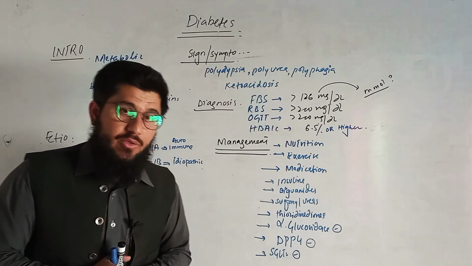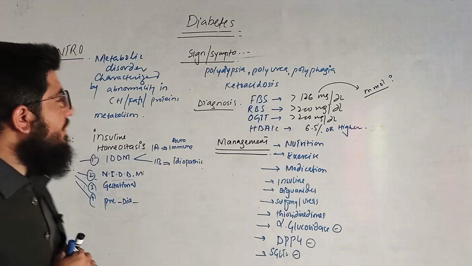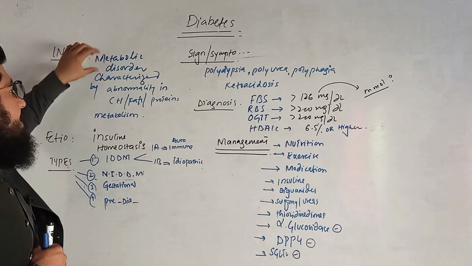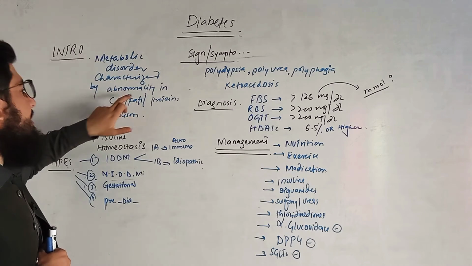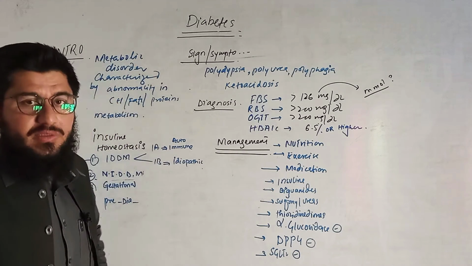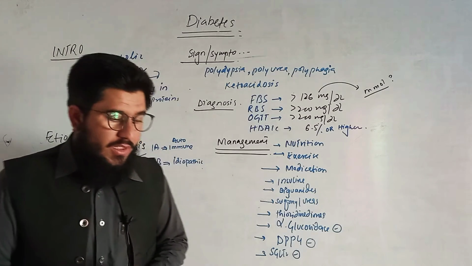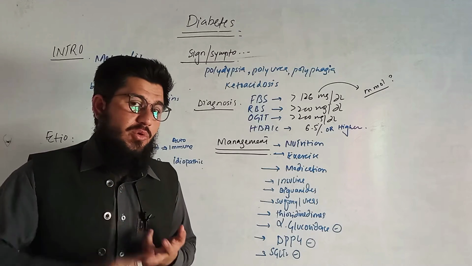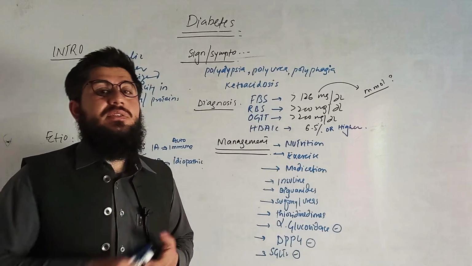Coming towards the introduction or the definition of diabetes. Now, how to define or how to introduce diabetes? Very simple. This is actually a metabolic disorder characterized by abnormality in carbohydrate, fat, and protein metabolism. Very simple and interesting. What happens in diabetes? Your carbohydrate, fat, and protein metabolism is actually disturbed.